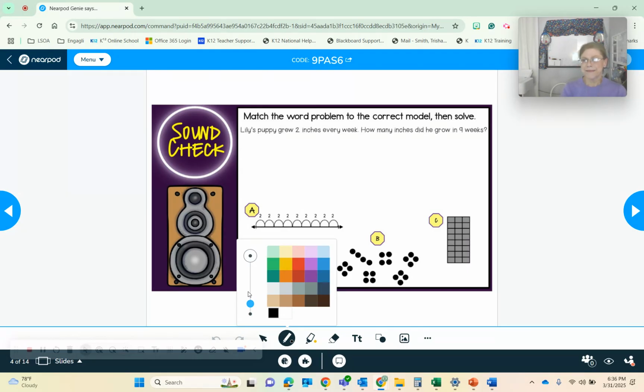It could be a goldfish, though if it grew 2 inches every week, it probably wouldn't be a goldfish.